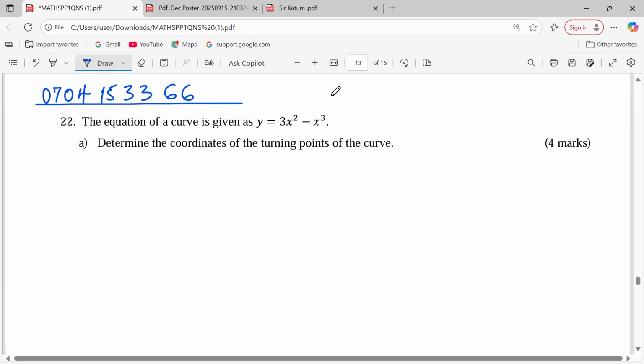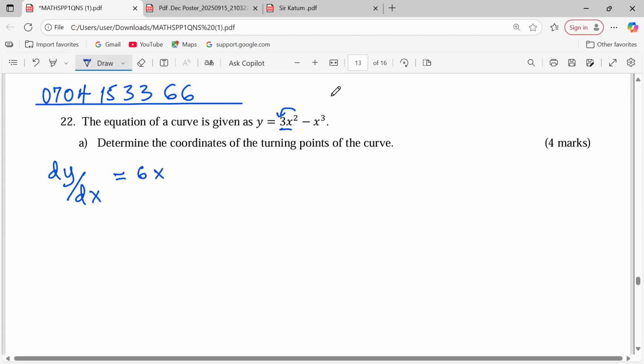Therefore, we first get the gradient function, which is the derivative of the curve's equation. We're going to derive y with respect to x so that we may get the gradient function. To differentiate the first term here, we drop the power, which is power 2, multiplying 3 to make it 6.